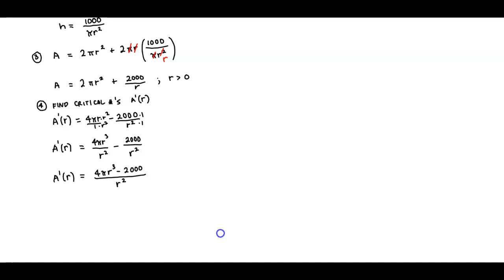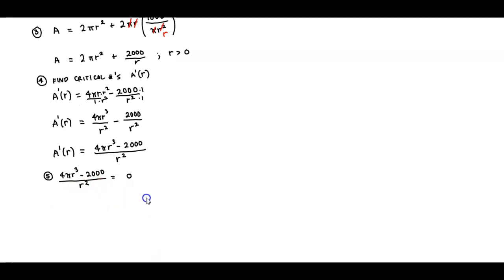Okay, and so now what we want to do is determine the critical number by setting this derivative equal to 0. So we're going to set the derivative, which is 4 pi r cubed minus 2000 over r squared, equal to 0. If we multiply both sides by r squared, we're left with 4 pi r cubed minus 2000 equals 0.